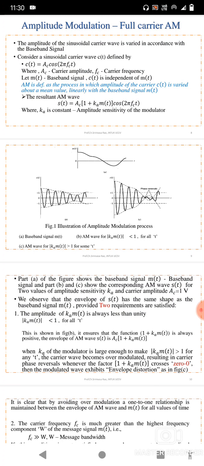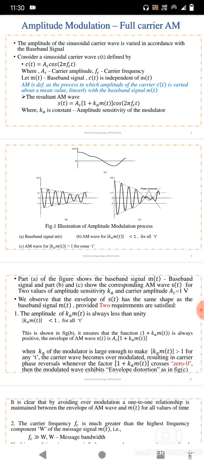Assuming that the phase of the carrier wave is 0.